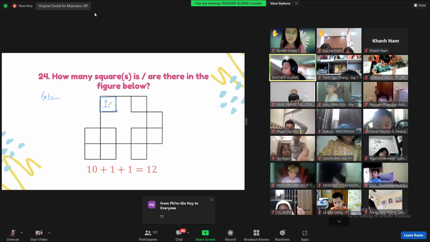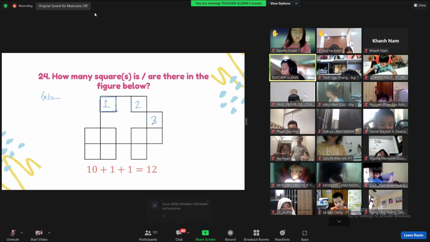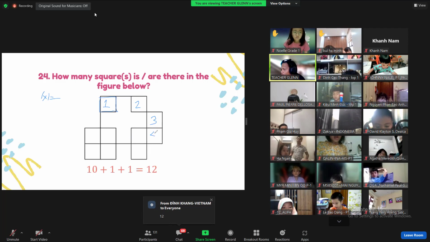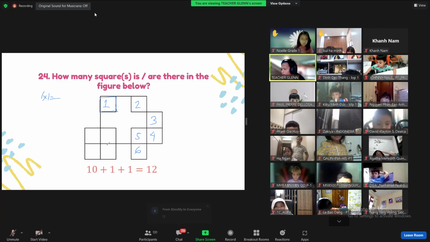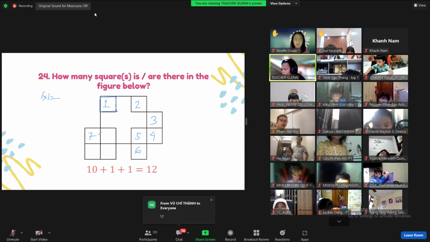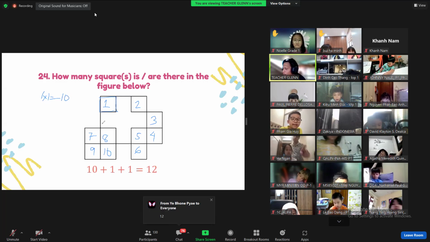So, that is 1. This is 2, 3, 4, 5, 6, 7, 8, 9, 10. So, 10. However, there are still big squares that we can see.